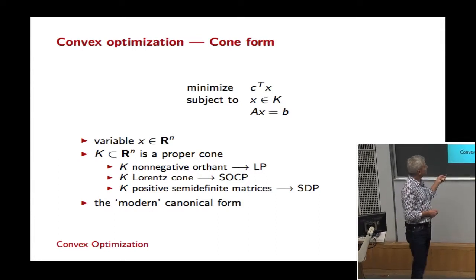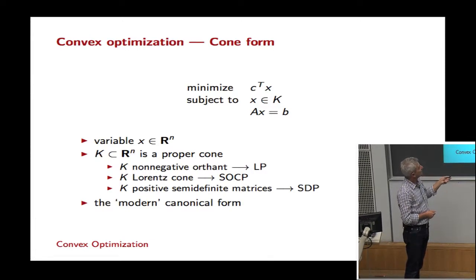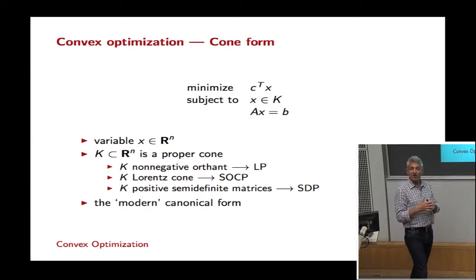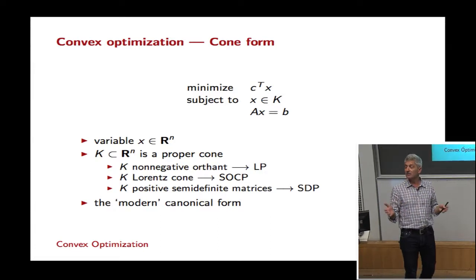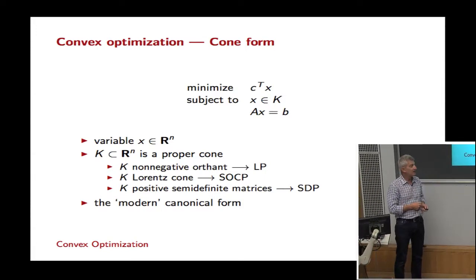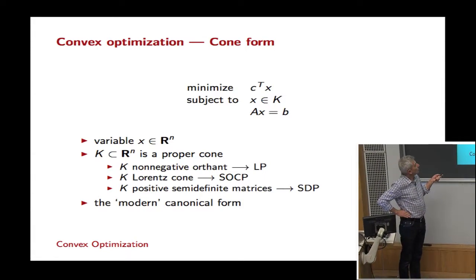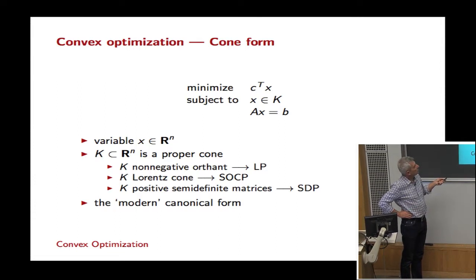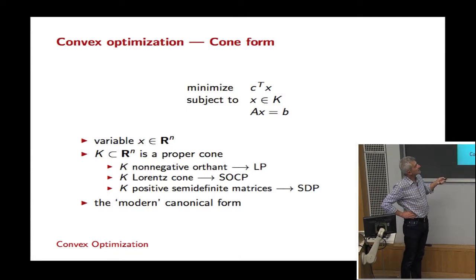By different choices of cone, you get different problems. If this cone is the non-negative orthant, the set of all vectors with non-negative entries, then this is linear programming, an old problem family. If it's a Lorentz cone, which involves something like a 2-norm, it's what's called a second-order cone program. And if this is the cone of positive semi-definite matrices, this is called a semi-definite program.